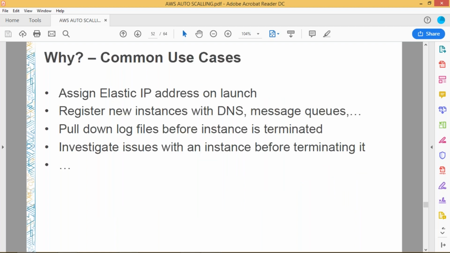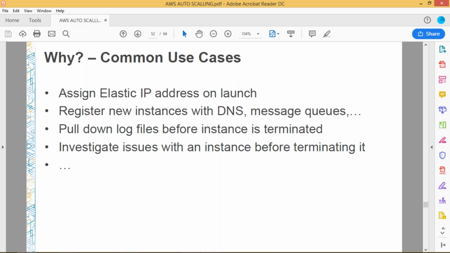So what are the common use cases? Assign an elastic IP address on launch, register new instances with DNS or message queues, pull down log files before the instance is terminated, and investigate issues within the instance before terminating it, right?